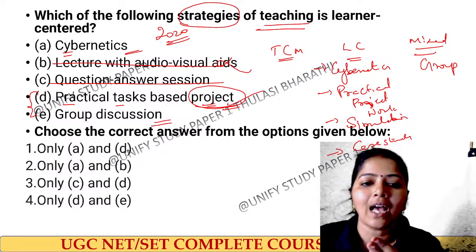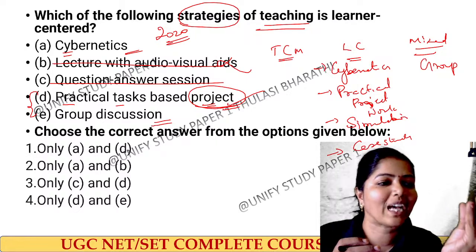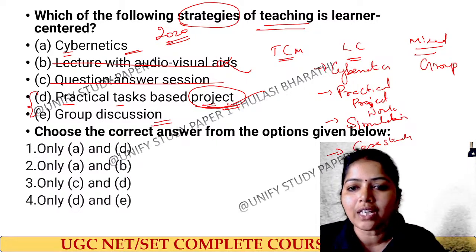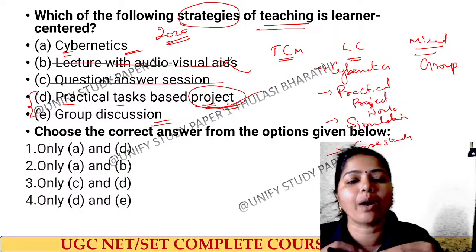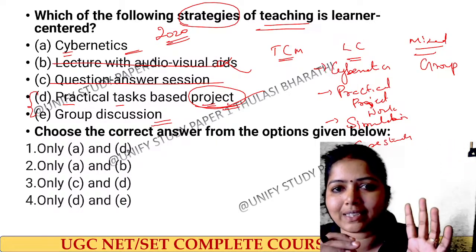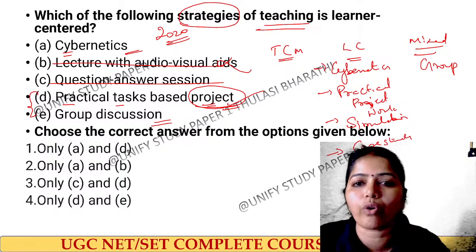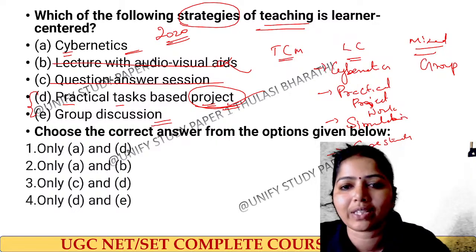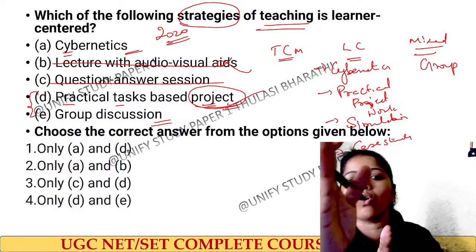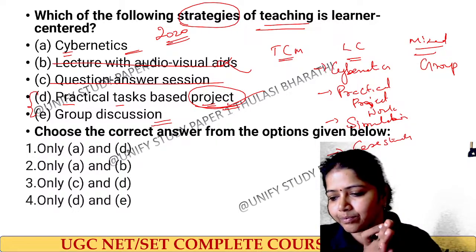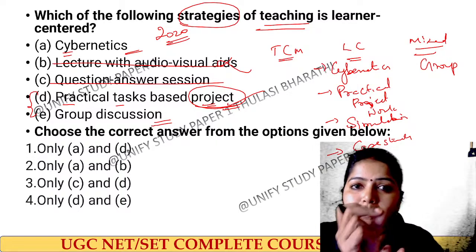Yes, this is done. And then we must not get confused with cybernetics and group discussion. See, cybernetics, like computer based instruction, is where the learner plays an important role in learning, deciding what to do next, all goal oriented by the learner. That is why cybernetics has been chosen.